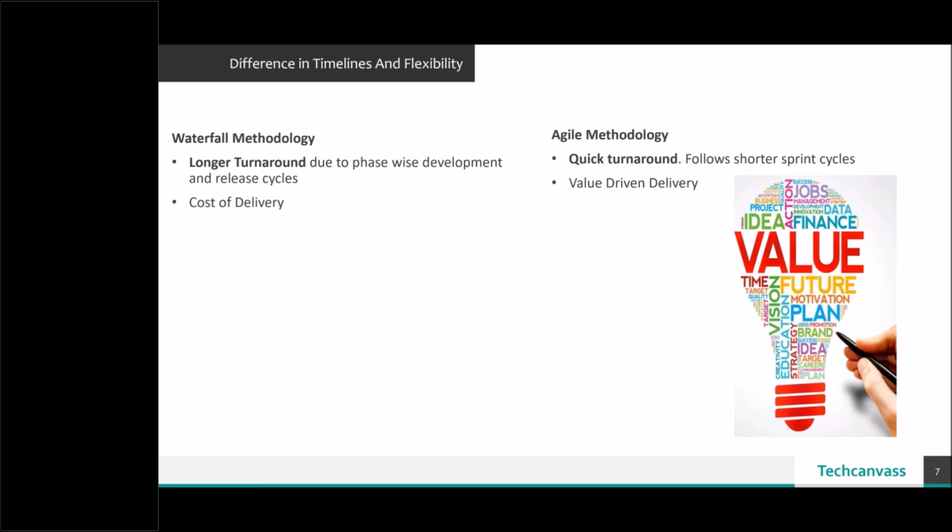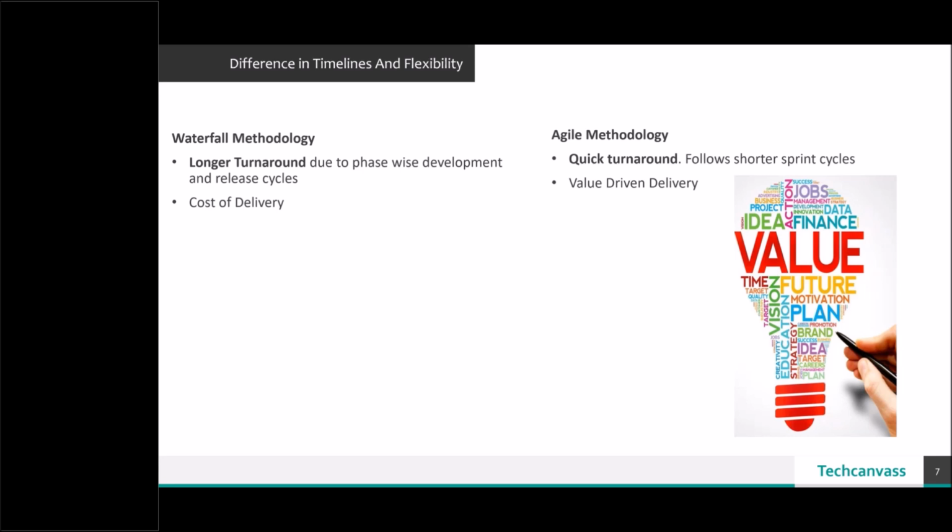The cost of delivery is another thing. There is a lot of focus on the cost of delivery because everything is calculated in terms of man hours and man days. Whereas in agile methodology, the concept of man hours and man days is not that prominent. Everything is based on the complexity of the backlog, and based on the complexity and the velocity of the team you calculate how many backlogs you can deliver.